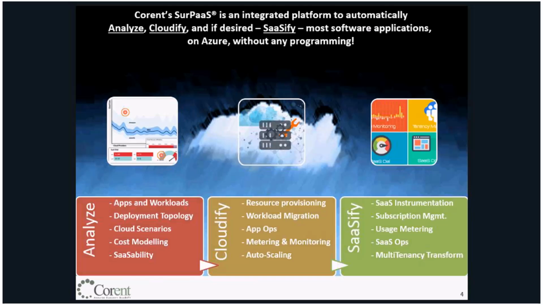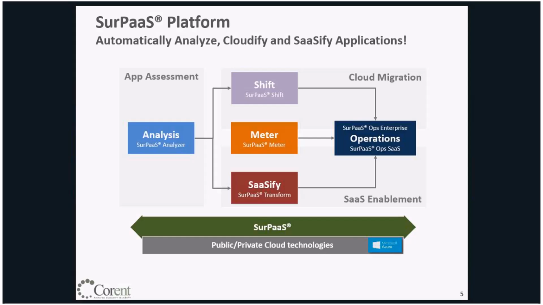And then we provide the methodology to cloudify applications by understanding what kind of resources are required, provisioning them, making sure the operations are taken care of, and then migrating these applications to the cloud. And then, if desired, SaaS enabling the applications with all the operations and SaaS enablement technology built into the application that can be deployed and managed as a multi-tenant, fully instrumented SaaS. So this is what we do at Corent, and all that is being done through an integrated platform, which is SurPaaS.